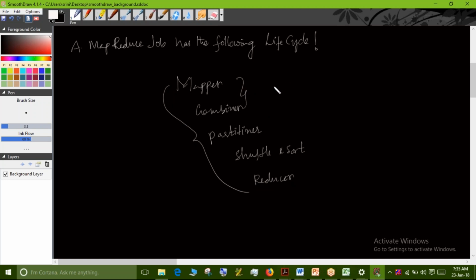These two will happen at a node level. Every node of the cluster where the blocks are present, it will happen on every node where the data for the given job is available.